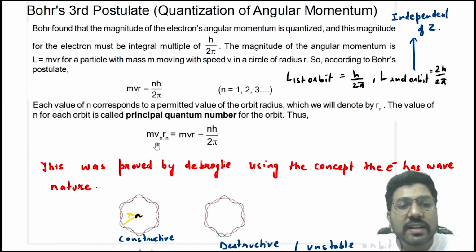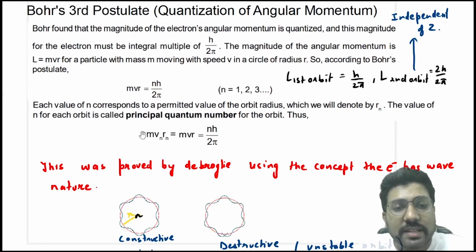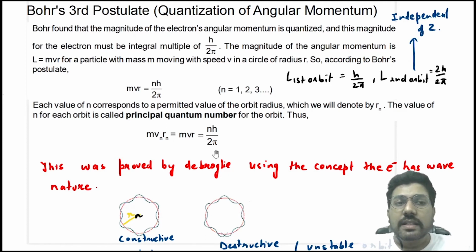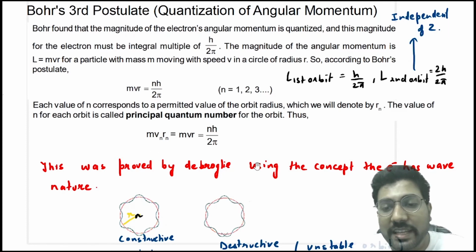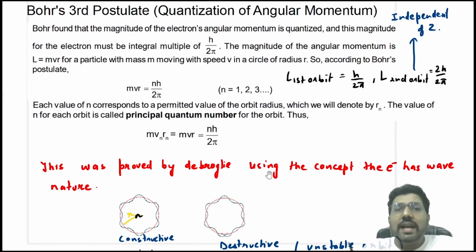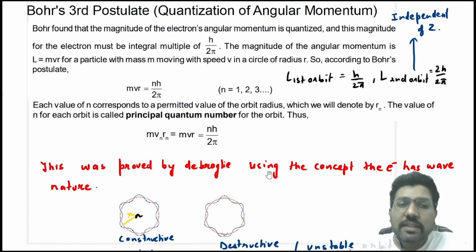That is why we will write it like this, so that it is more clear: m v_n r_n is equal to nh upon 2 pi. Now this postulate was proved by de Broglie using the concept that electrons have wave nature. You know that all matter has wave nature, and de Broglie was the first scientist to say this.